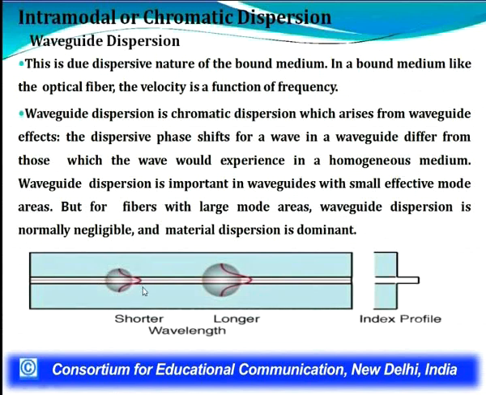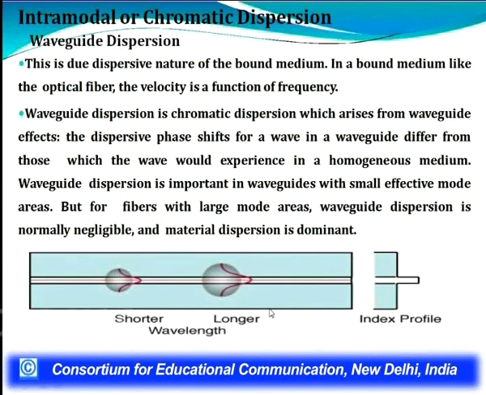The dispersive phase shift for a wave in a waveguide differs from that which the wave would experience in a homogeneous medium. It means the medium is changing. We are not talking about a homogeneous medium. Here the light is passing through a heterogeneous medium.